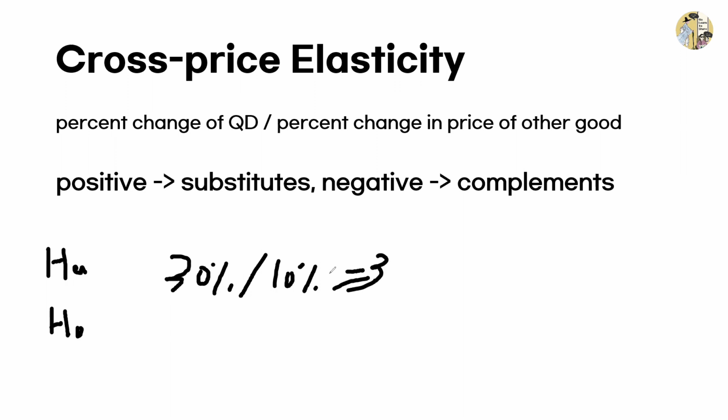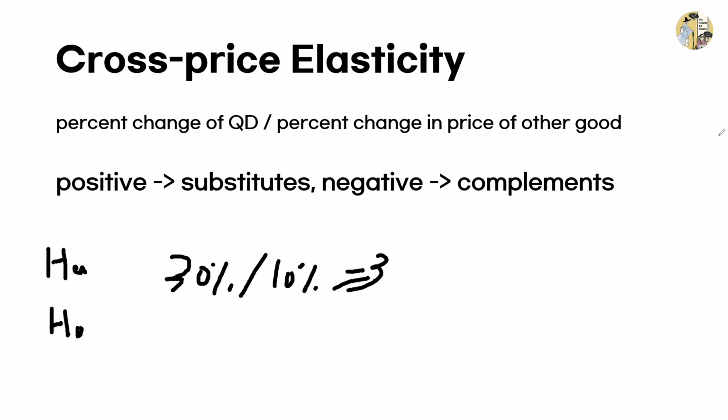And since the value is positive, you can see that these two are substitutes. And to put it in a more logical way, because the price of hot dogs increased, now people don't want to buy hot dogs as much as they used to before, so they look for other substitutes such as hamburgers, and that is why the quantity demanded increases if the price of a substitute increases also, and that is why the value is positive.